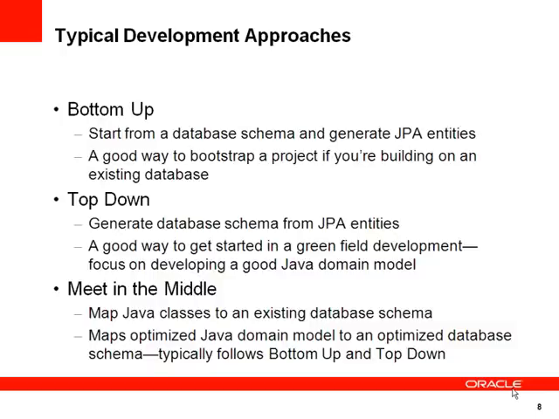In a top-down approach, you have some Java classes, and you can put some JPA annotations on those classes, identify them as persistent objects, as entities, and then you can actually generate the tables that map to those classes. So this is a nice way if you're in a greenfield application development scenario, where you can focus on a really good Java domain model and then generate the tables that would let you persist the objects from that domain.